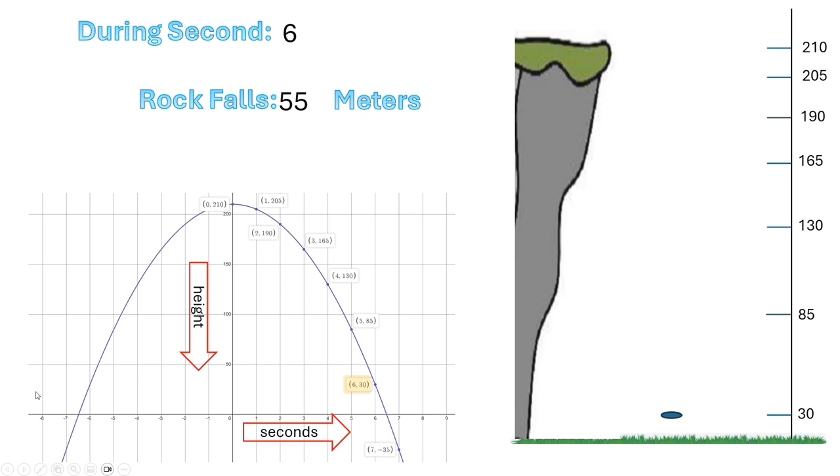So that's not really a realistic approach to what a rock actually does in real life. But from here, 0 seconds to 10, all the way down to 6 seconds and 30 meters, this more or less reflects what a rock might behave like over a 6-second period.